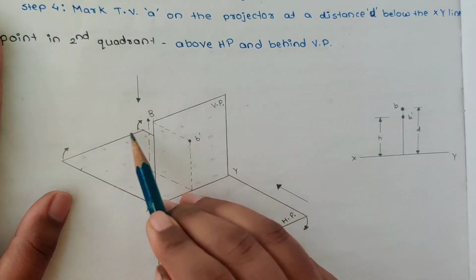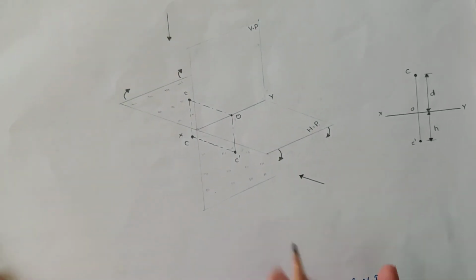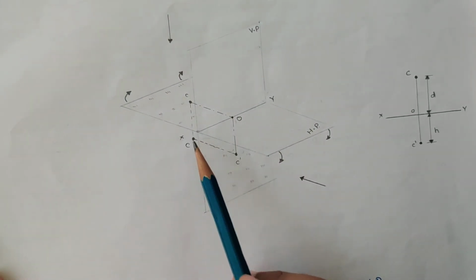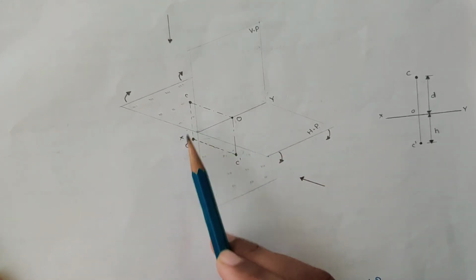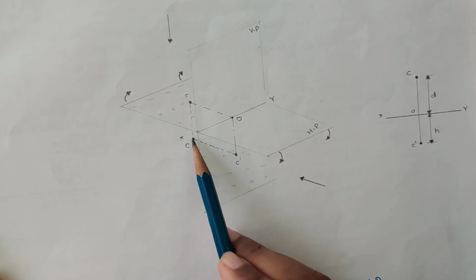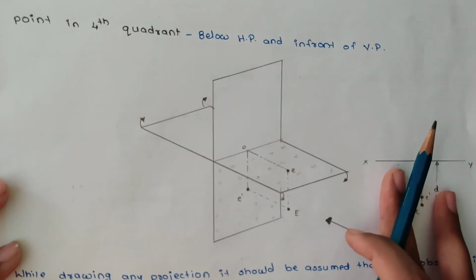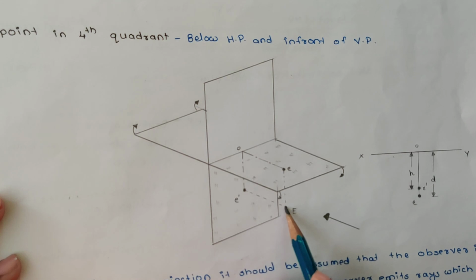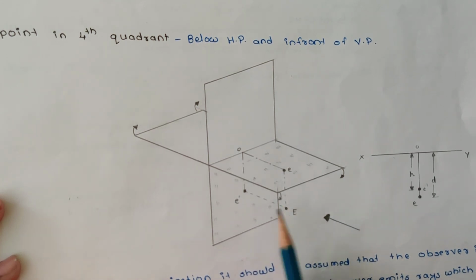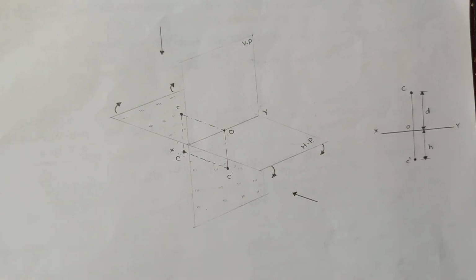Now in the third quadrant, it is below HP and behind VP, point C. And in case of the fourth quadrant, it is below HP and in front of VP. So these are the introduction and projection of points. Thank you.